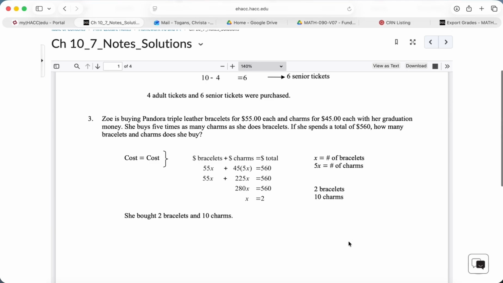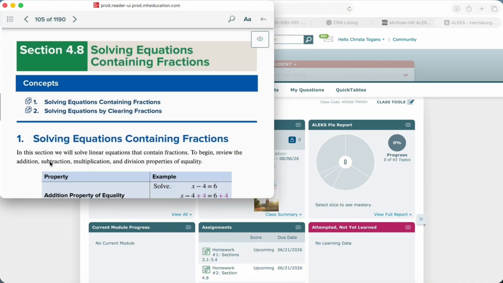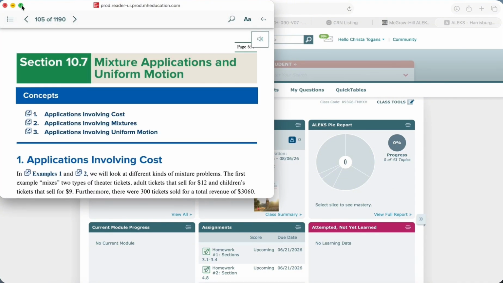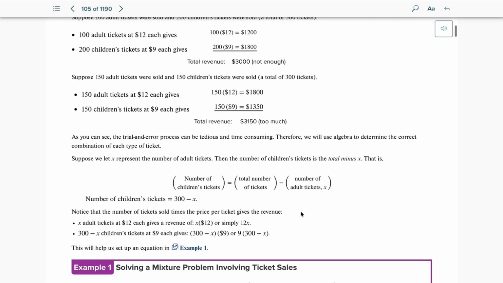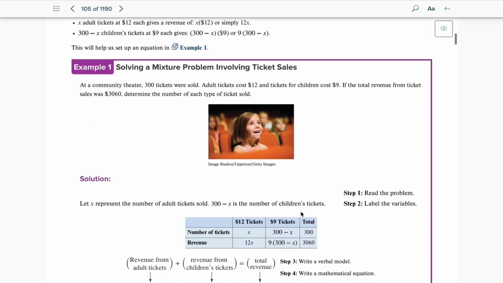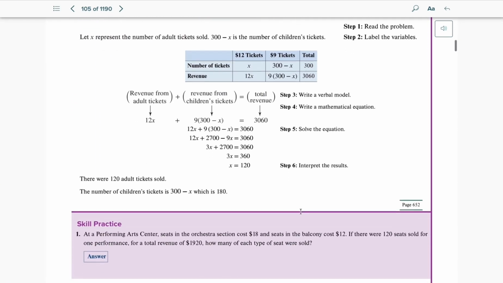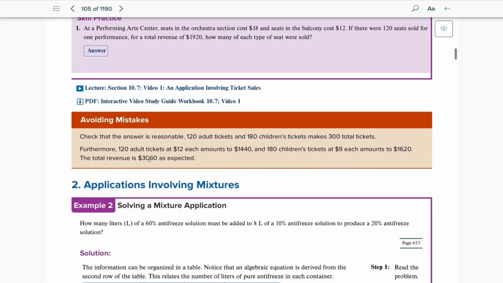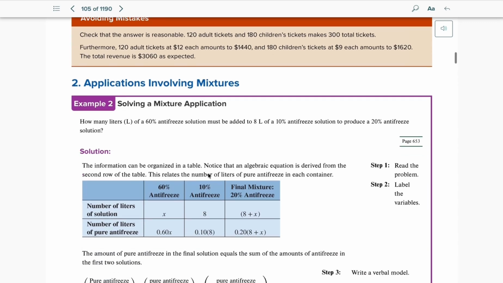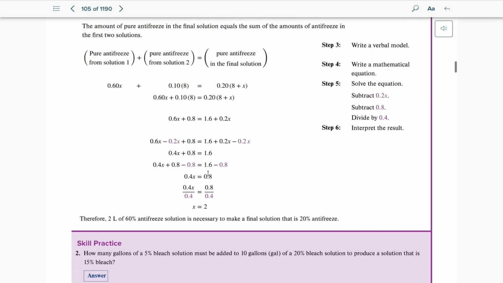Also, remember to make sure it makes sense to you. And you can also use the book if you need further explanation. I think the book does a pretty good job of giving you a situated format that you can use. You have those options where you can do some skill practice.